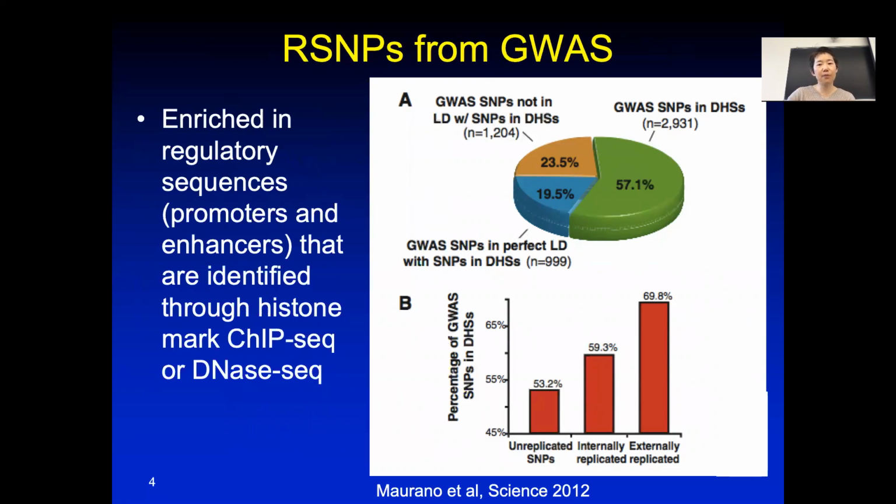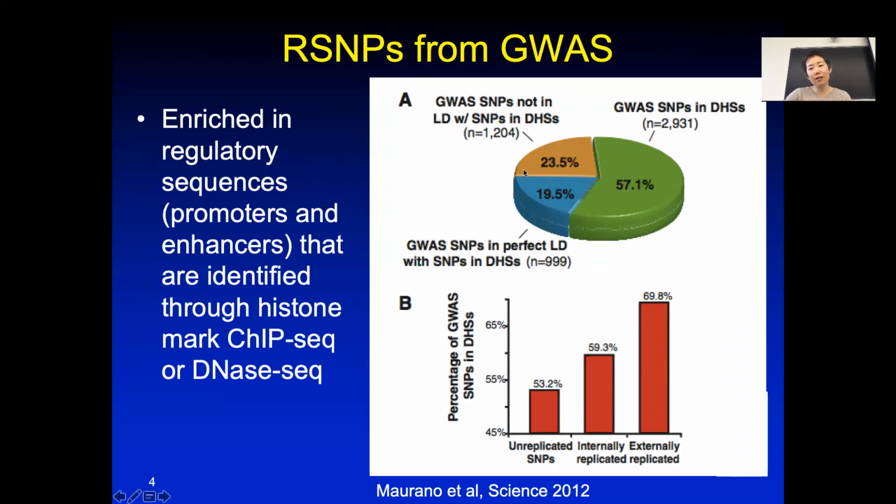And when you overlap all the GWAS SNPs with the union of all the DNase hypersensitivity sites, you can see here, at least in this study, they found 57% of the time the GWAS SNP lands right in the DNase peak, which means that very likely that particular GWAS SNP will change transcription factor binding. And then there are another about 20% of the cases where the GWAS SNP is in perfect LD with another SNP within a DNase peak.